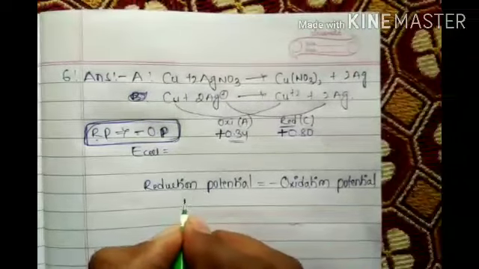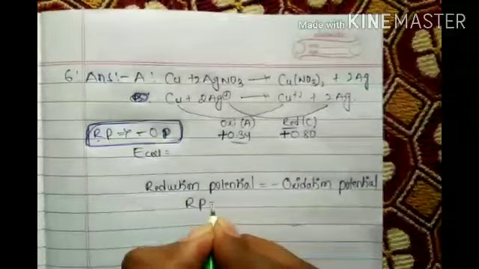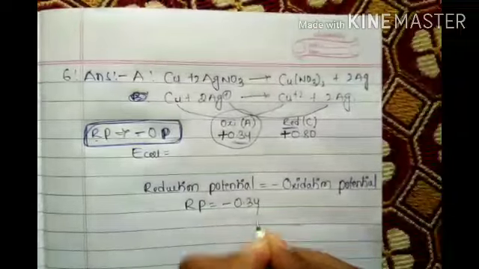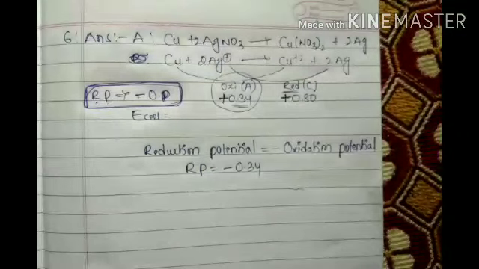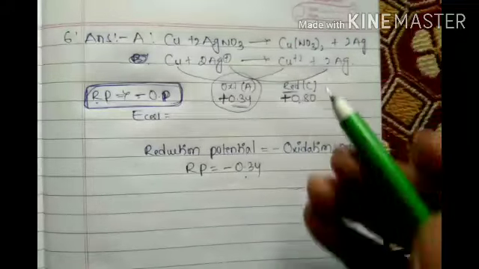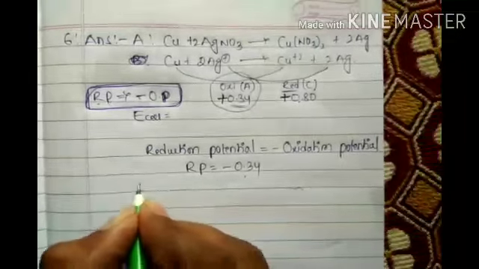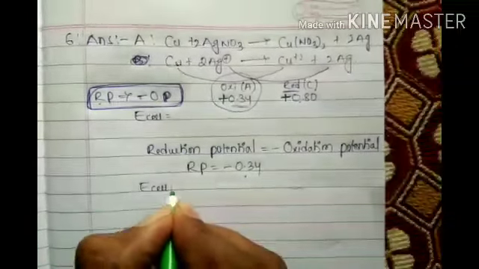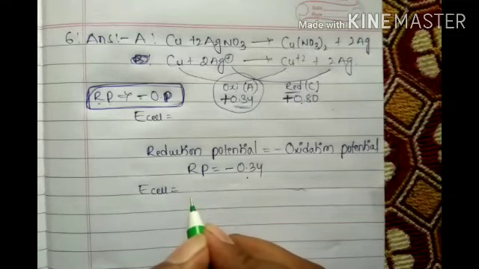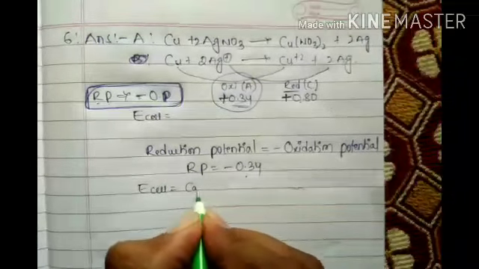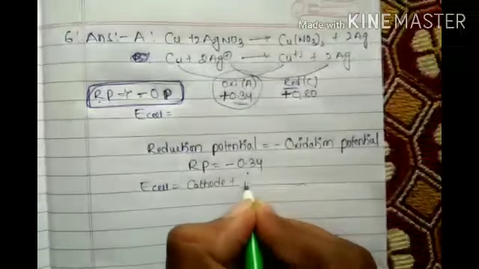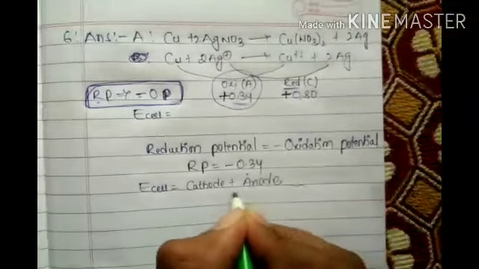See, reduction potential equals minus oxidation potential, so minus 0.34. Now this is positive, this is negative, we got it. Now apply the formula: E cell equals cathode minus anode. Don't confuse. Sorry, cathode plus anode. Why are we taking plus?